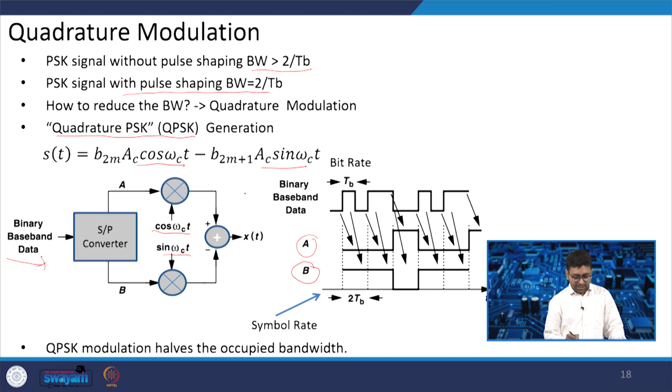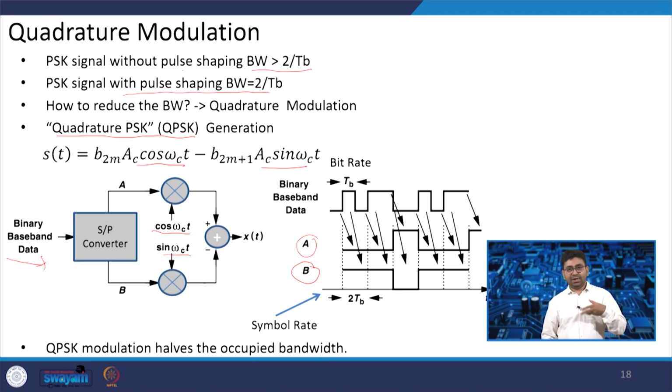This is how the signal looks. QPSK modulation halves the occupied bandwidth, because you have spread the signal.